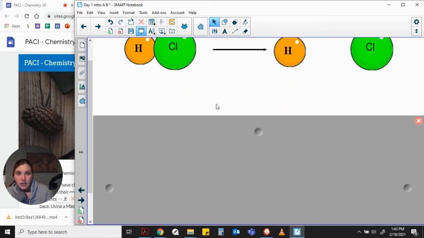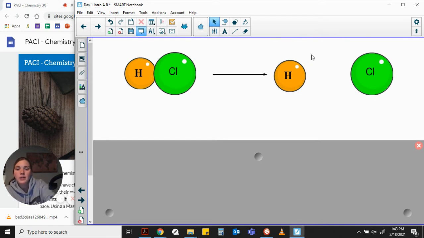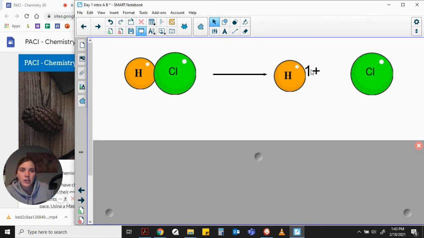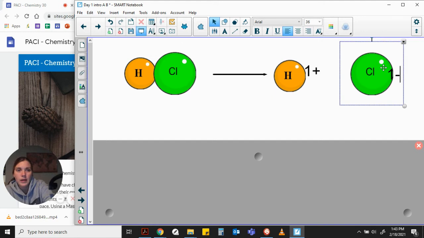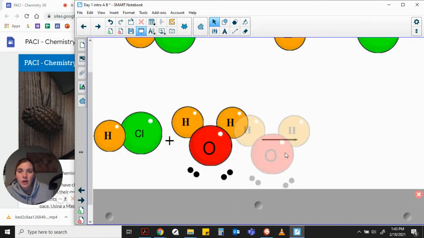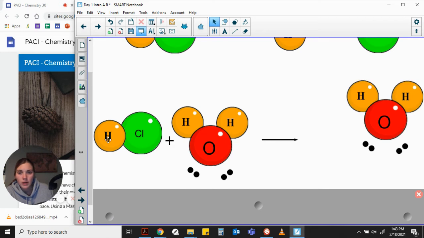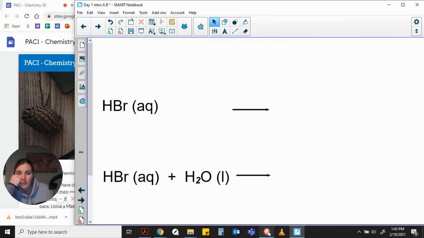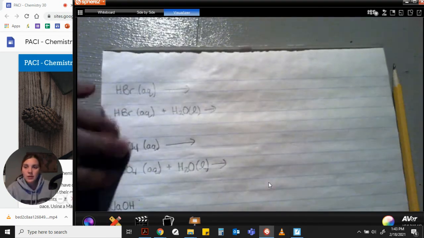And so when they're separated, we end up with a 1 plus charge on our hydrogen, and then our chlorine would end up with a 1 negative charge. Okay, so what also can happen is you get our water, the hydrogen's going to come over and join that other oxygen, and then the chlorine's going to end up by itself. And so we'll end up writing this out. So I would write this down in your notes as well.